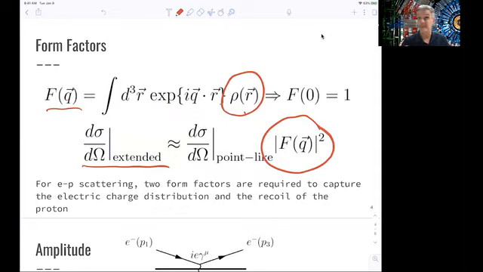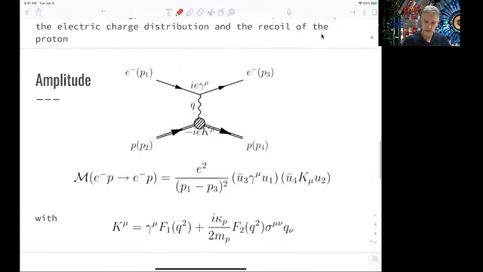Great. In electron-proton scattering, there's another point. It's not just the extension of the proton, but also the fact that the proton carries recoil. And so we need to use two form factors in order to describe the cross-section fully. So let's have a look at the amplitude.